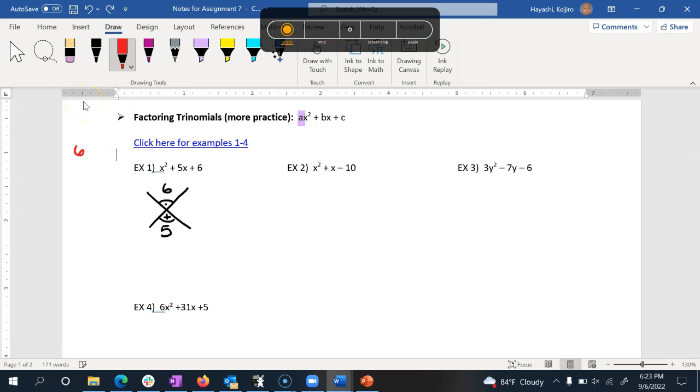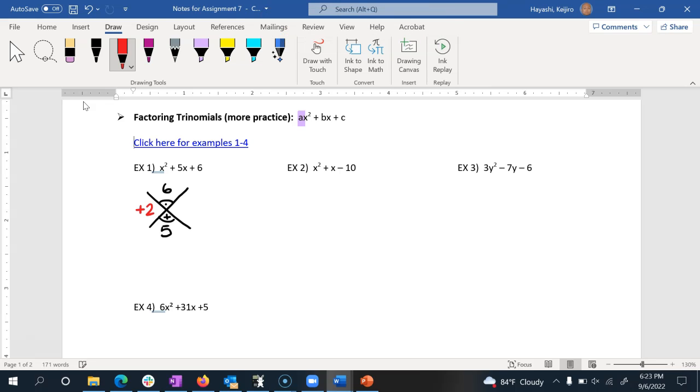So your two numbers have to be something else, and in this case they are positive 2 and positive 3. The ones involving 5, 6, and 1 are tricky because even one of the signs being a little bit different can change the answer from 2 and 3 to 1 and 6.